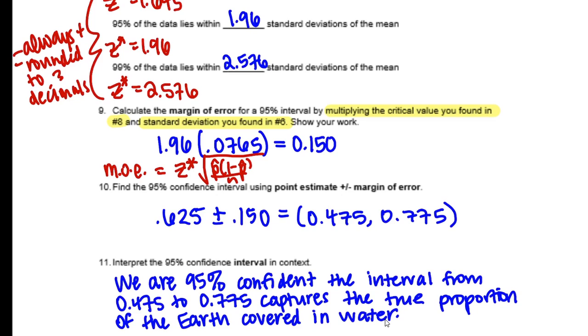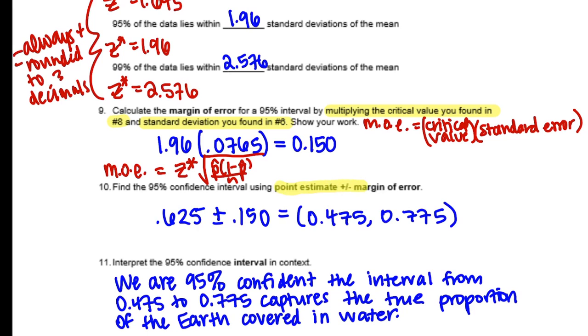The generic form for margin of error is going to equal critical value, which we'll mostly be using z-stars, but we'll learn something else later, times the standard error. Remember, it's called standard error because we're using an estimate for the p. And then to get your confidence interval, we already know this formula. It's point estimate plus or minus margin of error.